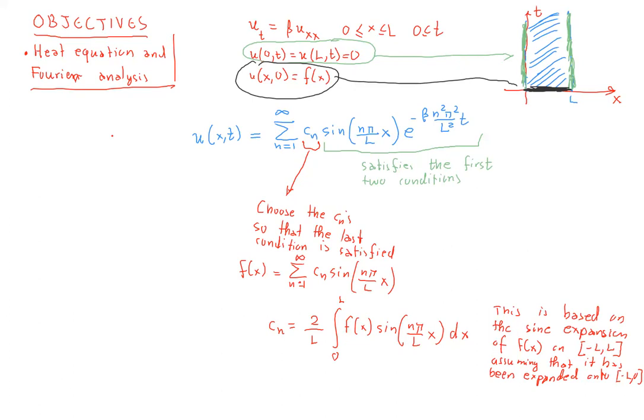And we know that the expansion that we wrote corresponds to a Fourier expansion on a larger interval, on the interval from negative L to L. And if you want to force this expansion to be a sine expansion, then you need to consider the odd extension, meaning the extension that forces the function to be an odd function.